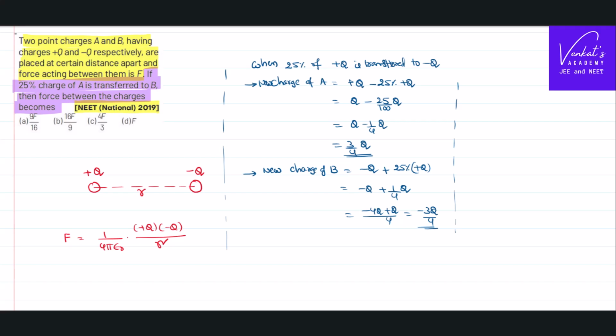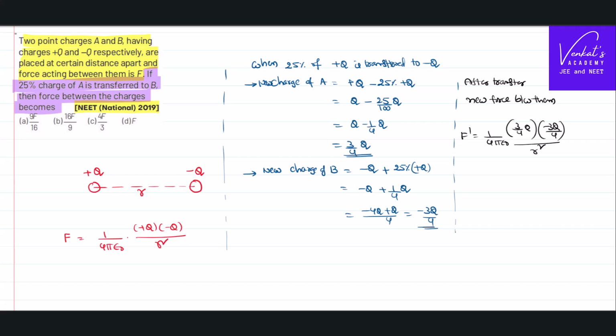How much is that new attraction? We can find out quite easily, right? Let's find out. After transfer, the new force between them, F dash, equals 1 by 4 pi epsilon naught times new charge of A, 3 by 4 of Q, times new charge of B, minus 3Q by 4, and the separation remains the same as in the previous case.